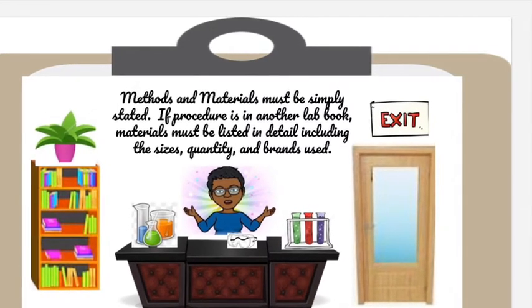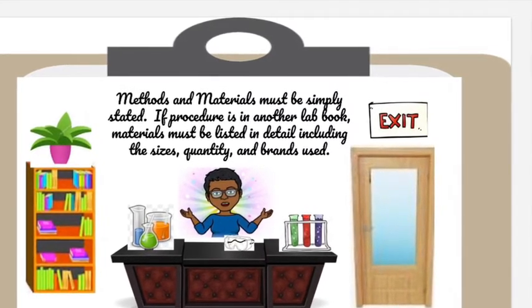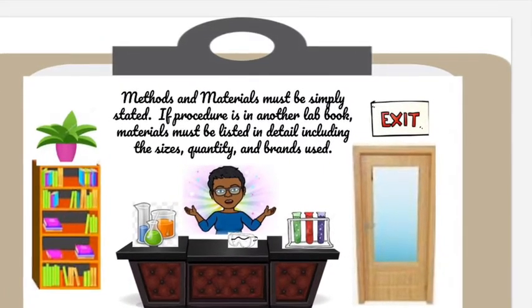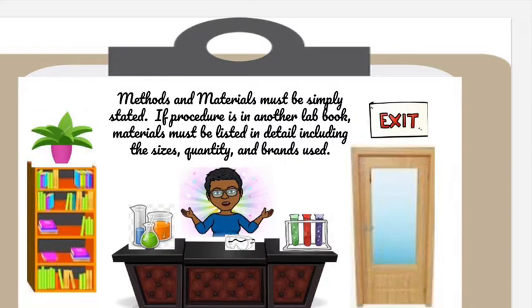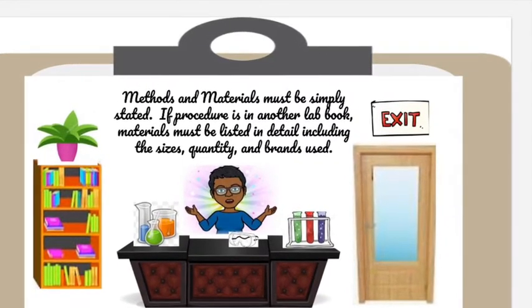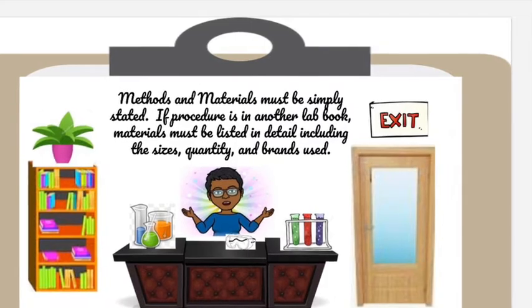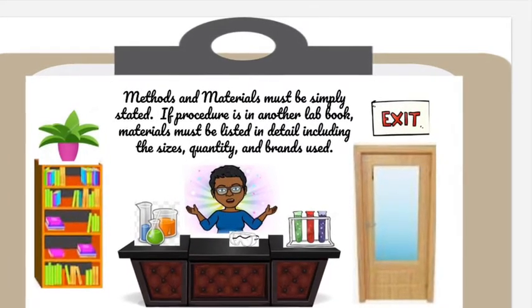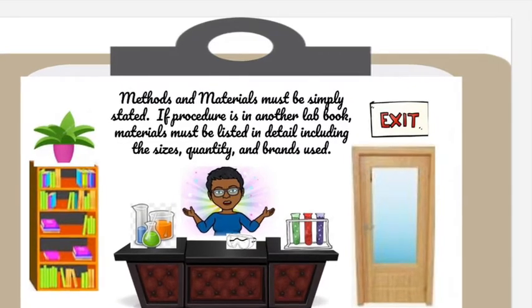And so also in the methods and materials, you're going to find the procedure, and the procedure is basically what you did in the experiment and should be written in past tense or as though it has happened already.